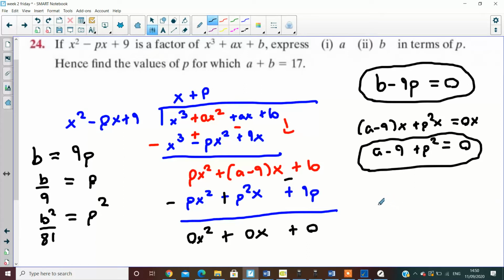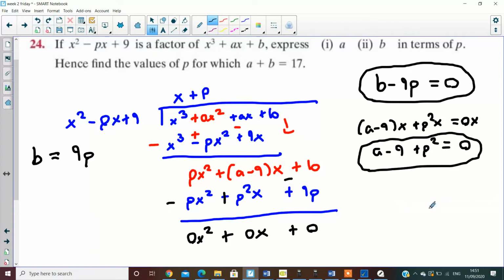Okay, and then we have a minus 9 plus b squared over 81 equals 0. Wait. Sorry, my bad. I'm actually going to backtrack on that right away.